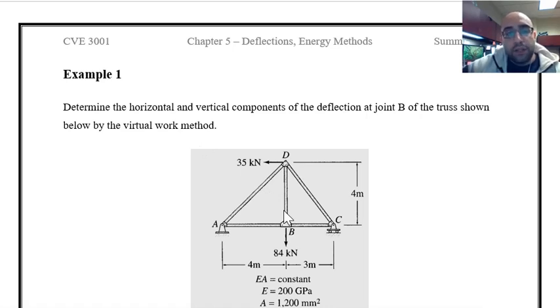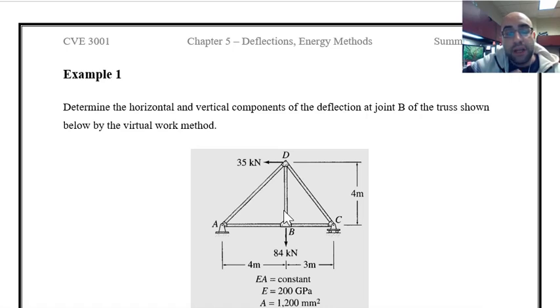So we know whenever we want to use the virtual work method, there are two analyses that we have to have for solving the problem. The first one is analyzing the structure under the given loading. For example, in this truss, I have to analyze the truss under those loads that are applied at joints D and B. That's the first step.